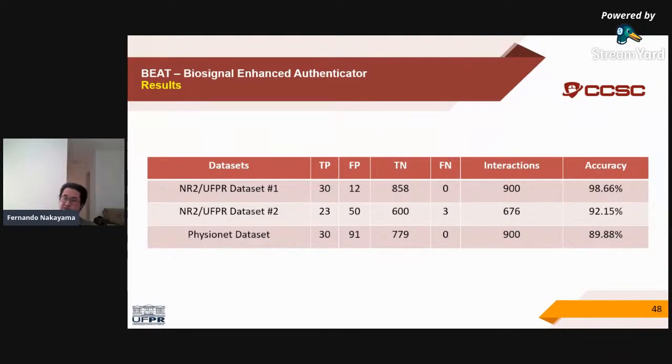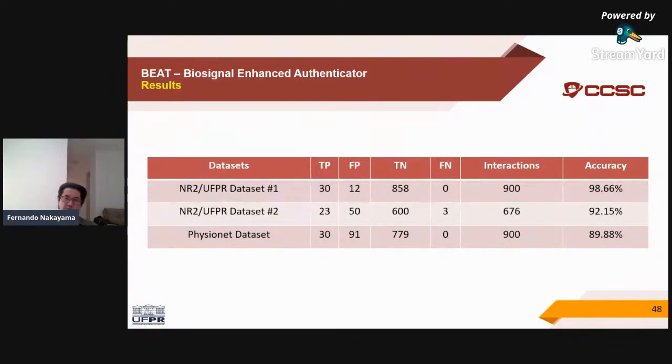So for the first dataset that comprised the users in the seated position, we achieved an accuracy of 98.66%. And in the second dataset that comprised the users in standing position, we achieved an accuracy of 92.15%.